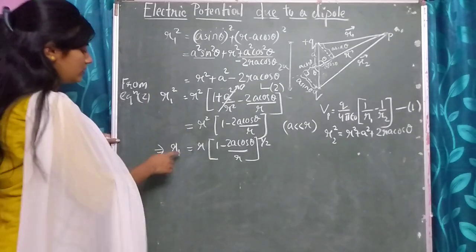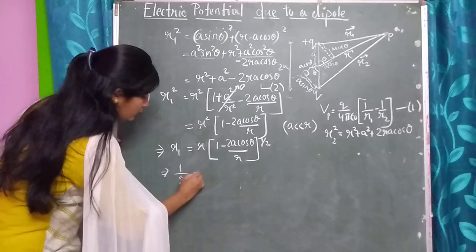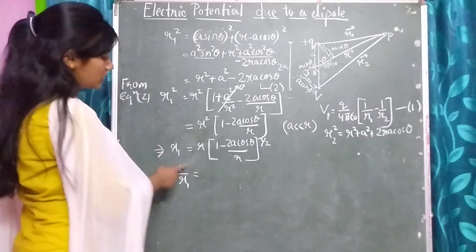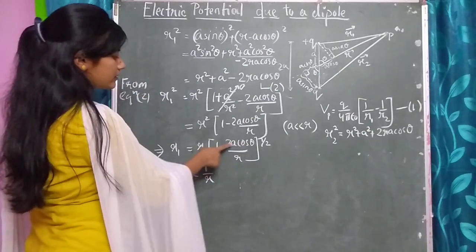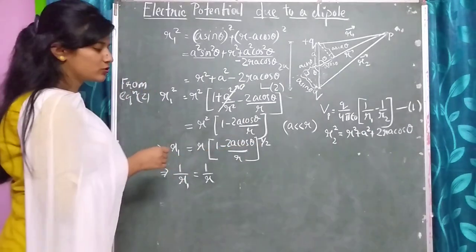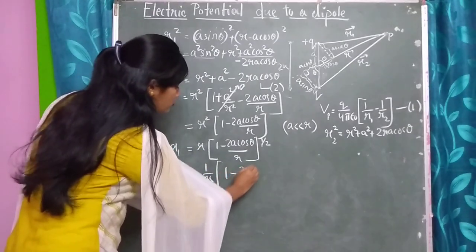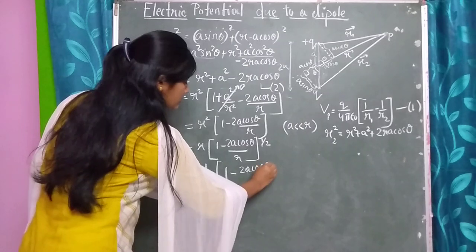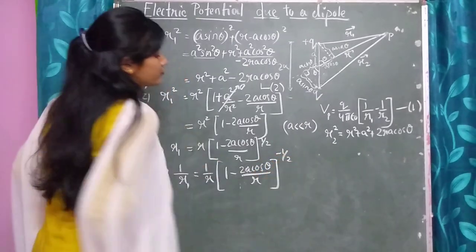Now let us take 1 by r1. So 1 by r1 will be 1 by r, and this half becomes minus half: (1 minus 2a cos theta by r) to the power minus half.